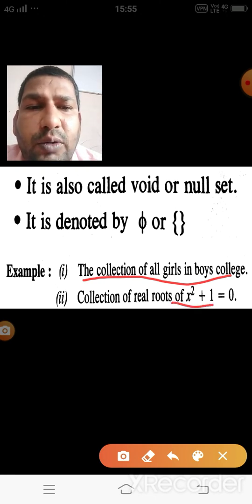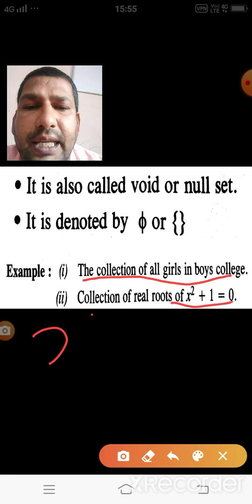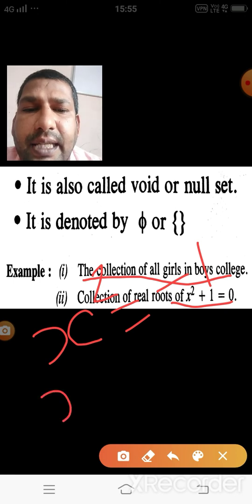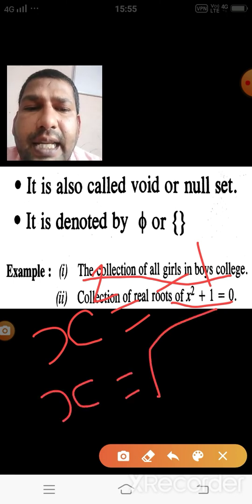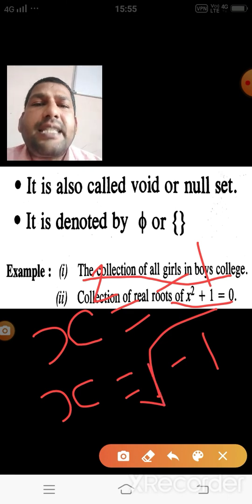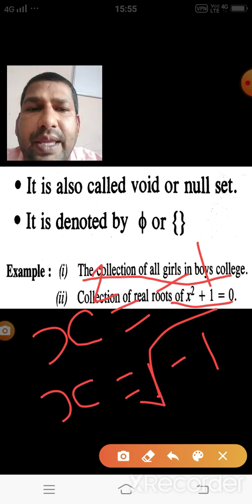Collection of real roots of x square plus 1. If you take 1 to the other side, then we are getting x square equal to minus 1. And if you take the square to the other side, then we are getting a value which is not real. x is equal to under root minus 1, and this value is not real. And the set is the collection of real roots, which means we are not getting any element in this.